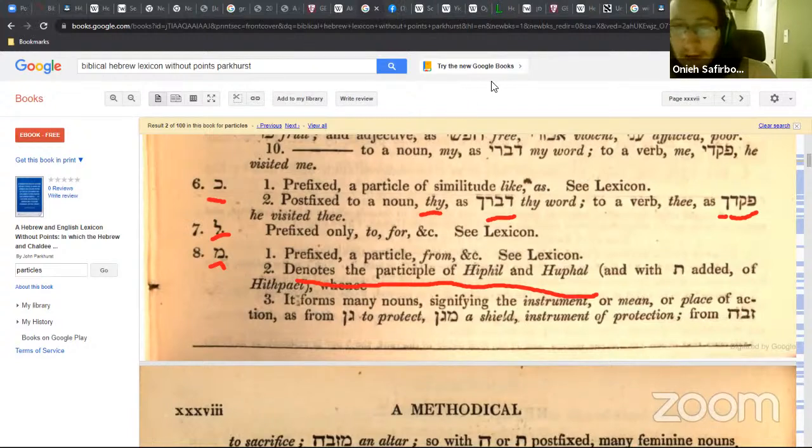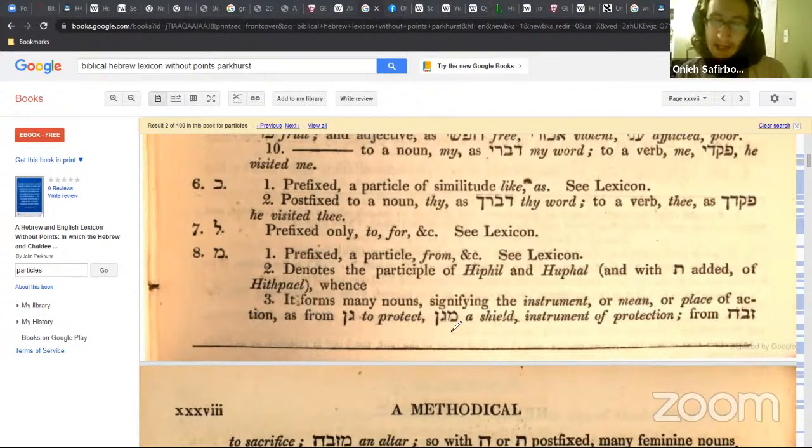And also very interesting is mem added at the beginning makes it into an instrumental noun. So the verb is protect. When you add mem at the beginning, it makes it a shield. Why? Because it's a source of protection. Protect is gan, and mem at the beginning is source of, and therefore it becomes source of protection, aka a shield.